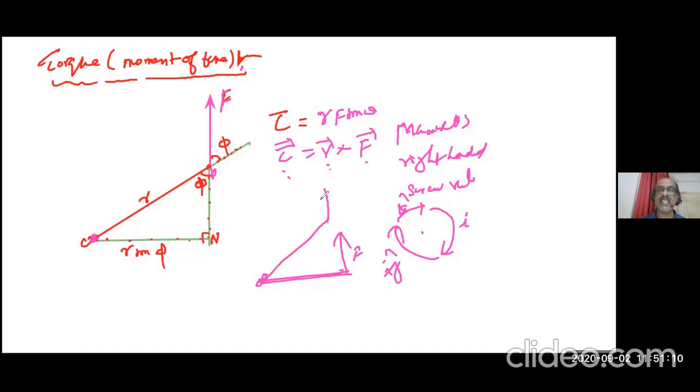As this increases, the perpendicular distance decreases. This we all discussed before. Again as it turns, the perpendicular distance decreases. Once it is in this place, it won't rotate because there is no perpendicular distance. Clear? Do you follow this?